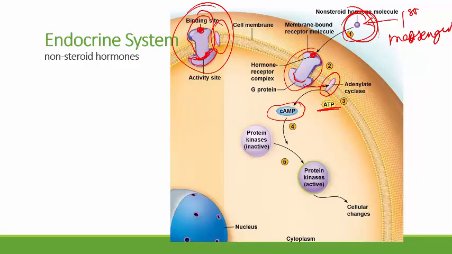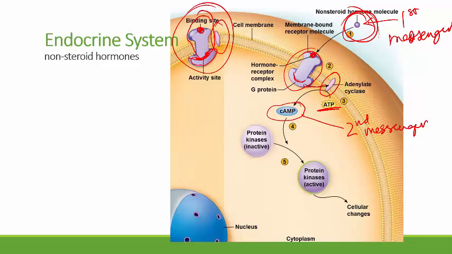So we call that cyclic AMP, or cAMP for short. The cAMP now acts as what we term the second messenger. So our second messenger can now run around inside the cell, getting things activated.